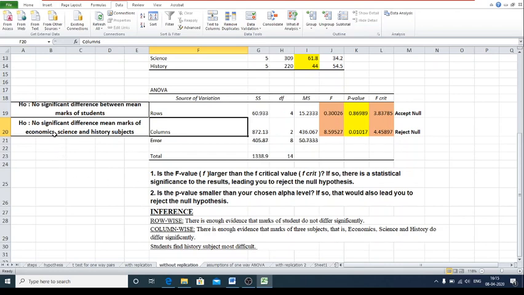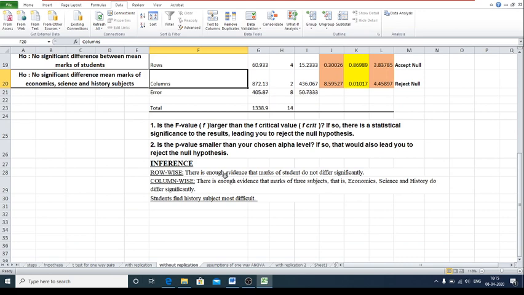When we are rejecting null, we are accepting alternate, so there is significant difference in mean marks of economics, science and history subjects. Finally, the inference: there is enough evidence that marks of students do not differ significantly. There is enough evidence that marks of three subjects, that is economics, science and history, do differ significantly.